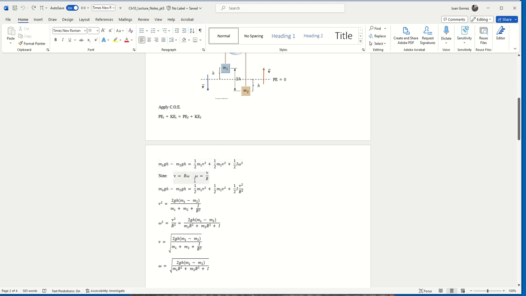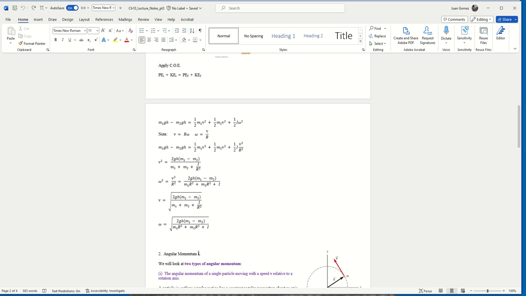So I take this expression for omega and plug it in right here. So omega squared is v squared over r squared. Then I take this equation and solve it for v squared. I pull out the common factor of v squared on the right hand side, put it in parentheses, and divide both sides by that expression. You get this. That's v squared.